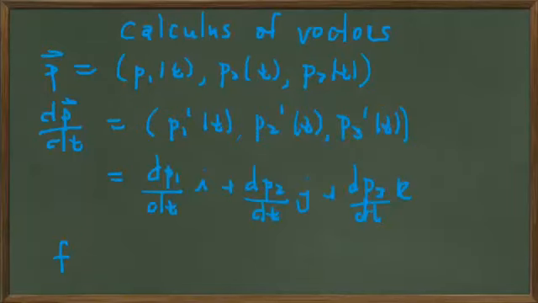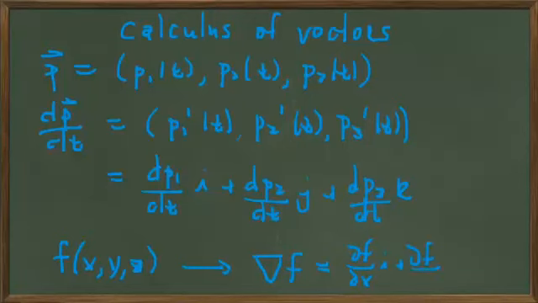I'm sorry, that should be, we're defining the function f of x, y, z to have a gradient written like this with an upside down triangle in front of f to be partial f partial x times i plus partial f partial y times j plus partial f partial z times k.